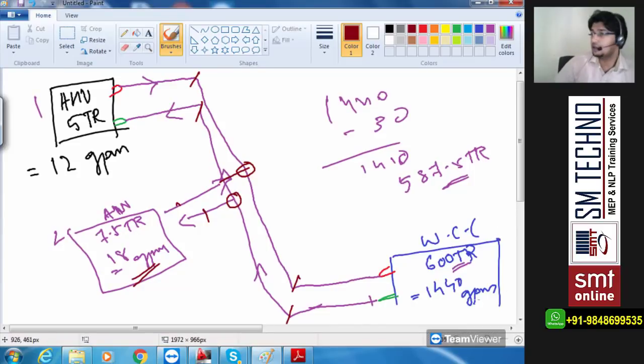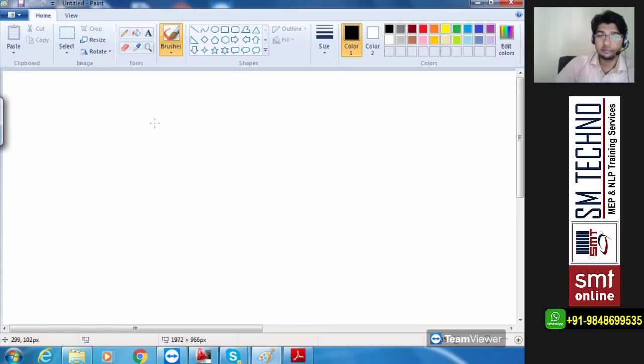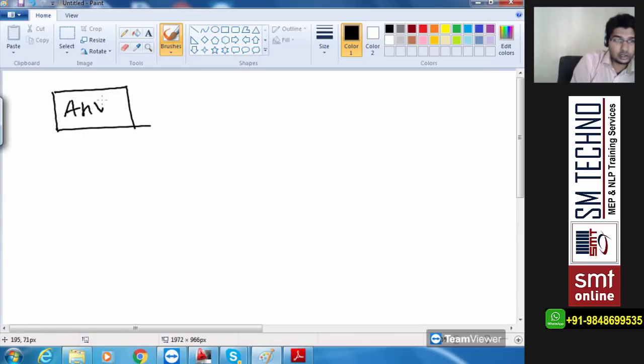Now this much of the connection is understood from the chiller, how the water is moving into the individual AHUs and all. Now I'm going to rub out the whole thing and draw that again. I'll draw one AHU. Now we are going to understand the levels.